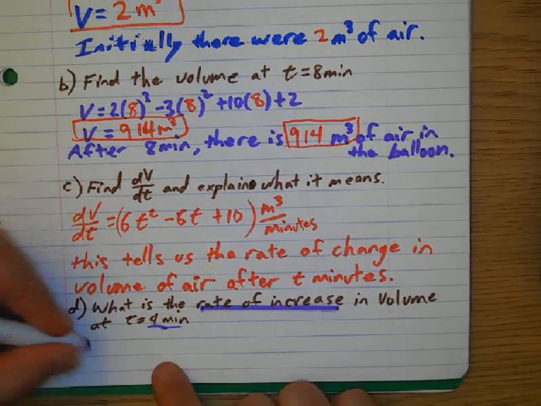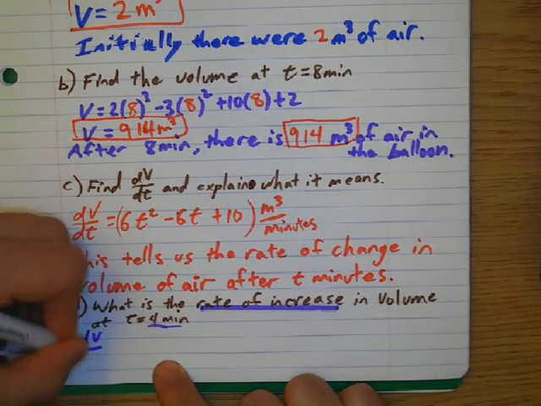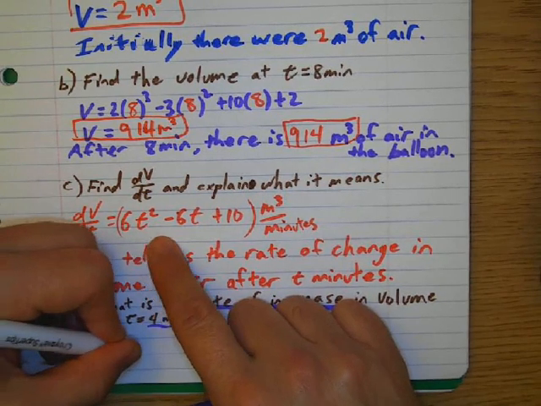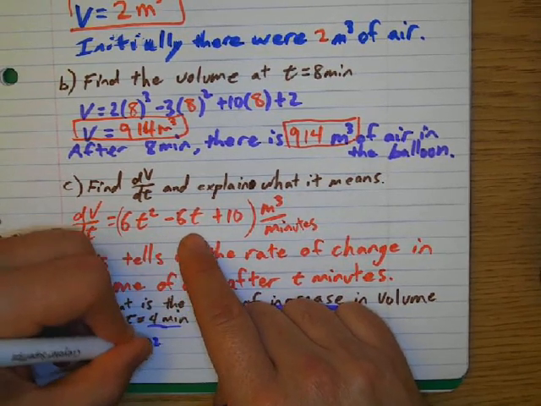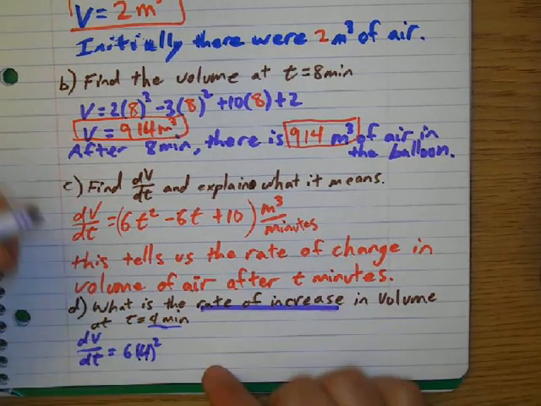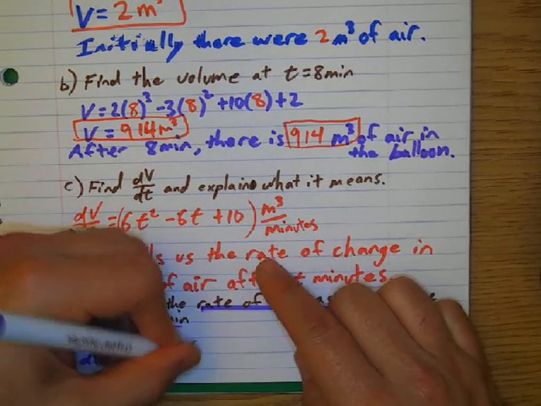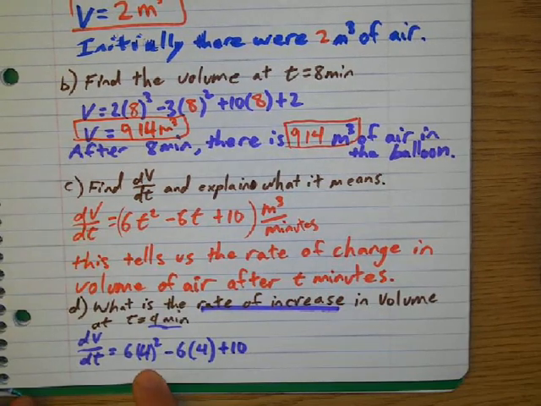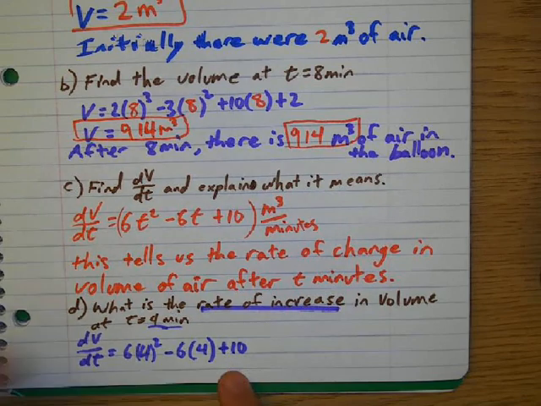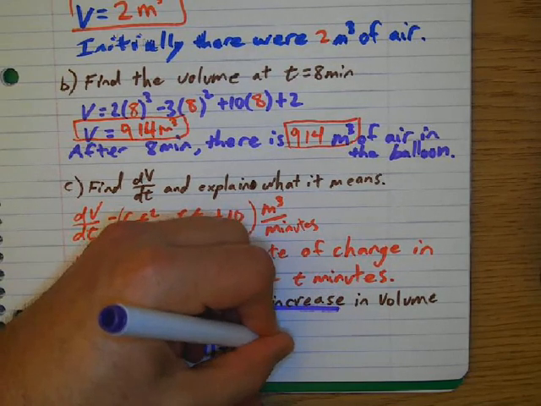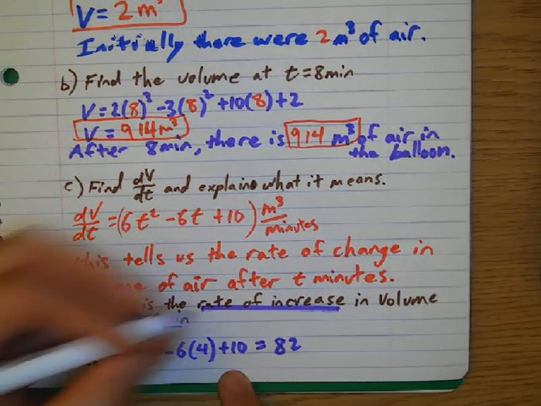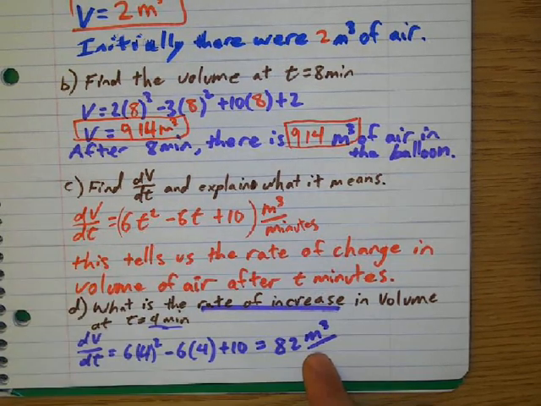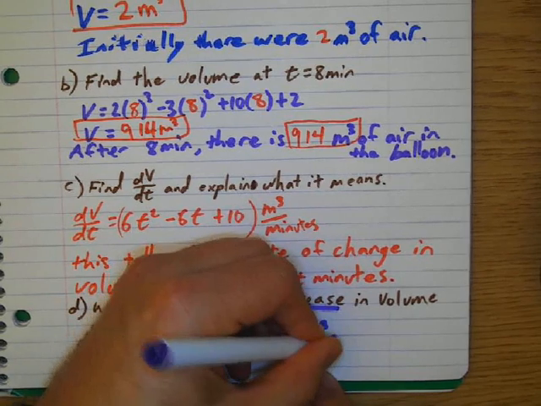So I'm going to say 6 times 4 squared minus 6 times 4 plus 10. And then after I plug all this into my calculator, I end up with 82. So we got meters cubed over minutes.